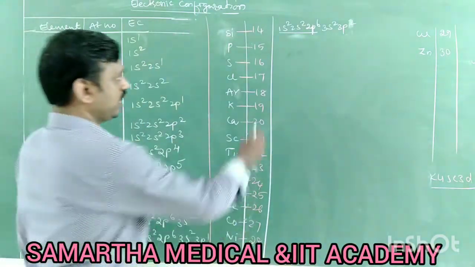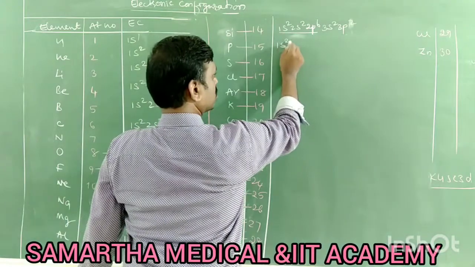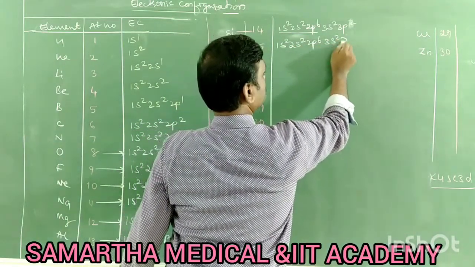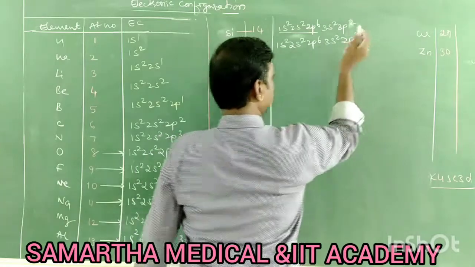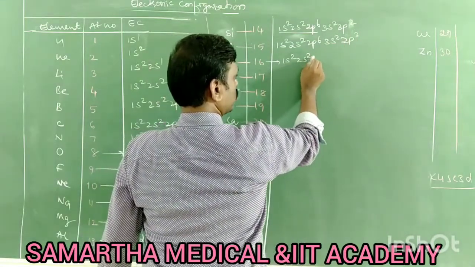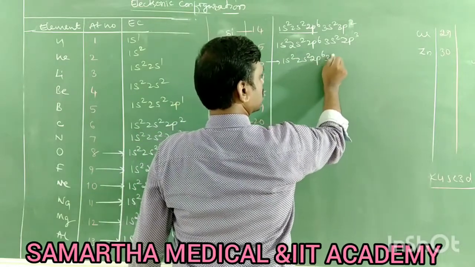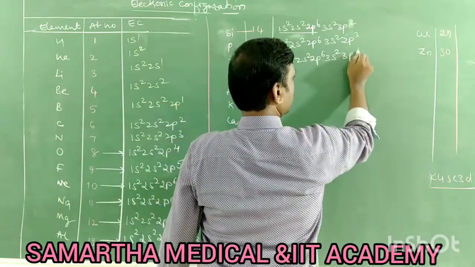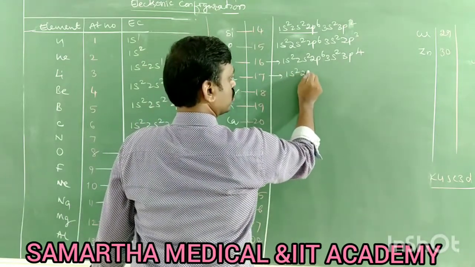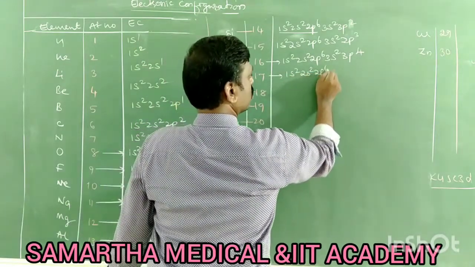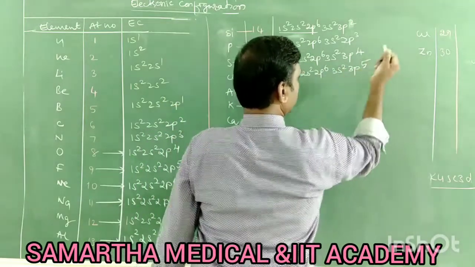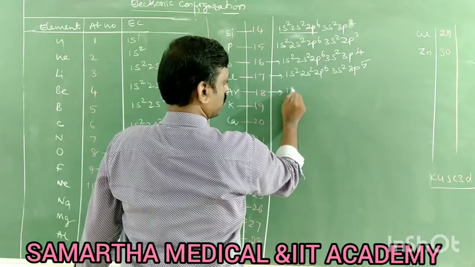That's it. Next, it is 1s2, 2s2, 2p6, 3s2, 3p3. Next, 1s2, 2s2, 2p6, 3s2, 3p4. Next, 1s2, 2s2, 2p6, 3s2, 3p5.